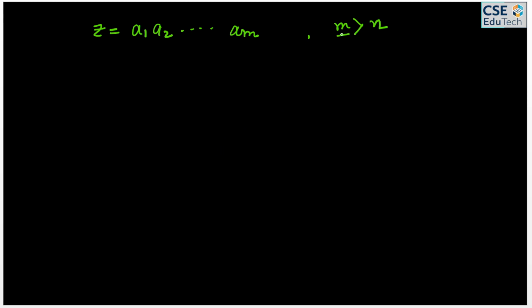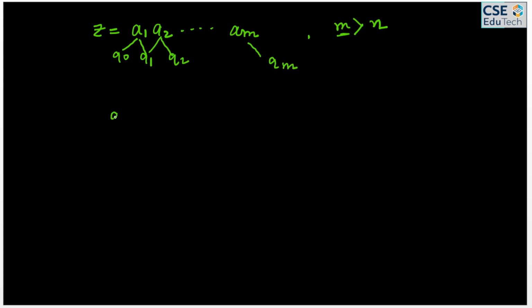Now how will this string be accepted by the automata, a1, a2 up to am? The obvious concept is, starting from q0, after reading a1, it may go to some state q1, and from q1 after reading a2, it will go to state q2 and so on. So after reading am, it will go to some state, suppose qm.